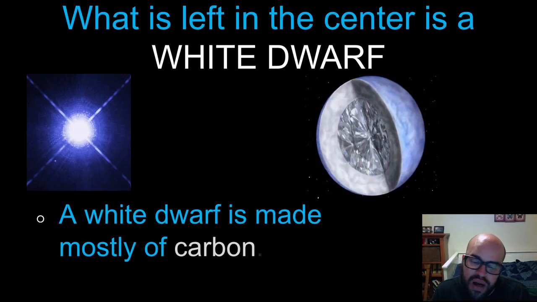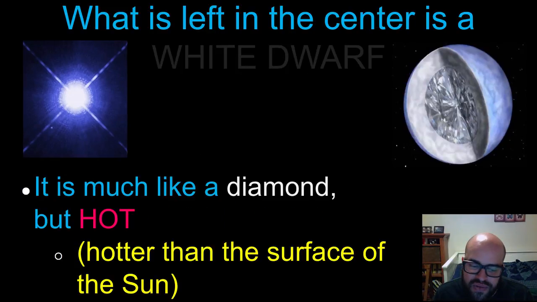The core of sun-sized stars ends up being a white dwarf. It ends up being all that carbon left over from fusion during the red giant phase, and all that carbon is super condensed and super hot, and it's called a white dwarf.